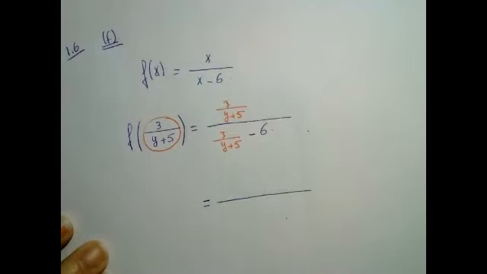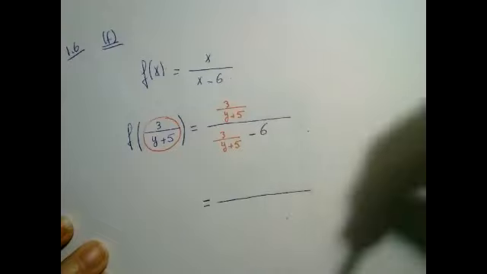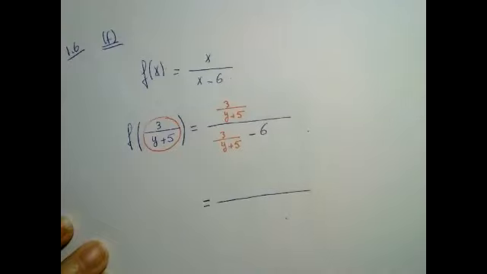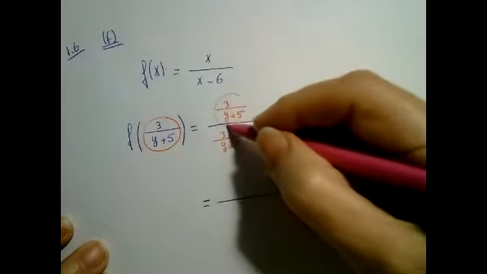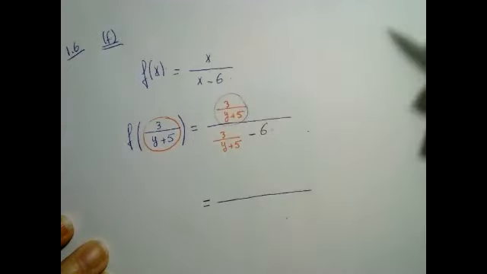Go ahead. Would you multiply 3 times y and 3 times 5? Where? Numerator, denominator? On the top, the numerator. Yeah. What do you want me to do here? Would you get 3y plus 15?